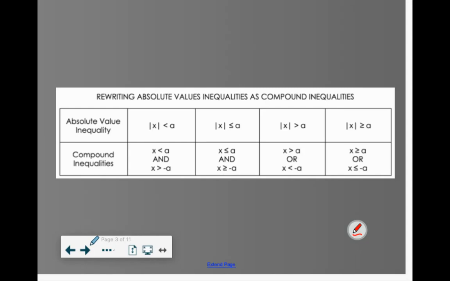For absolute value inequalities, both of the less thans became ands. Okay? And if you want to make a note underneath, you can. I know we just wrote this. Let me write that in a better place.